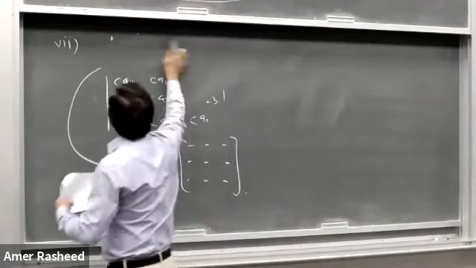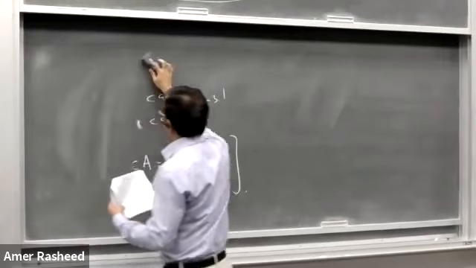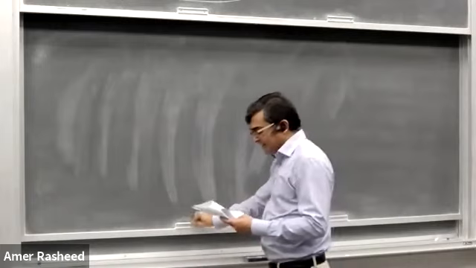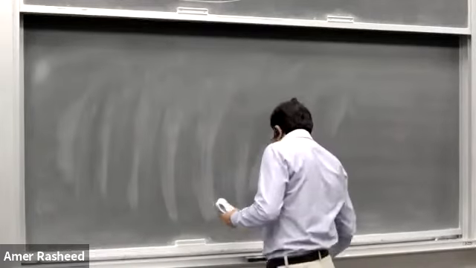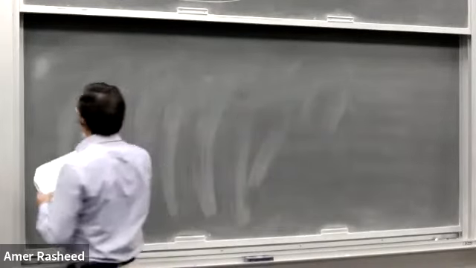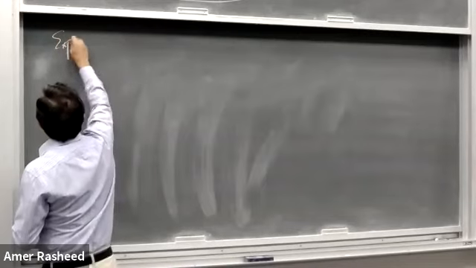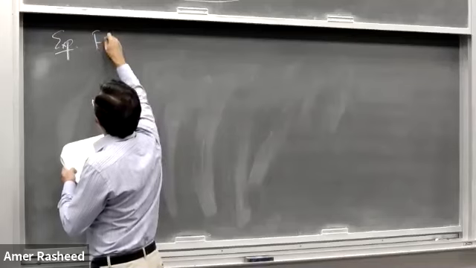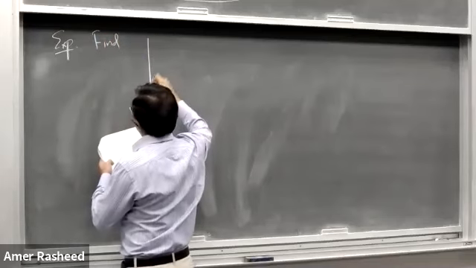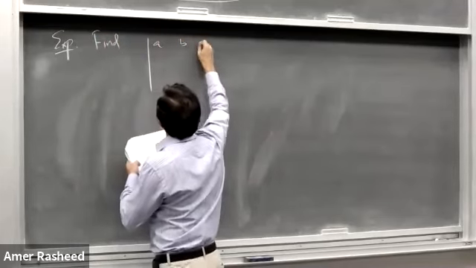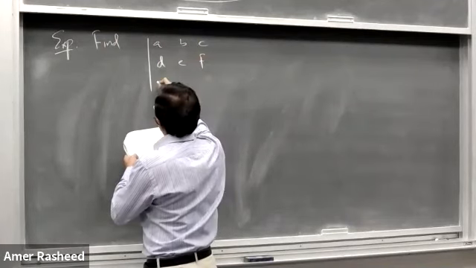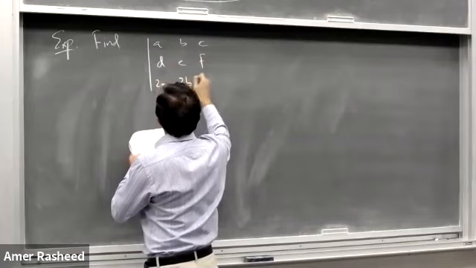Let's do a couple of examples of these properties. How can we use these properties to simplify the determinants or to find the determinants of some matrices? For example, find the determinant of this matrix: A, B, C, and D, E, F, 2A, 2B, 2C.